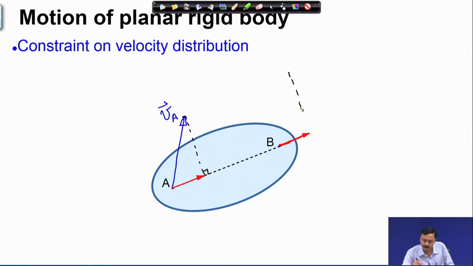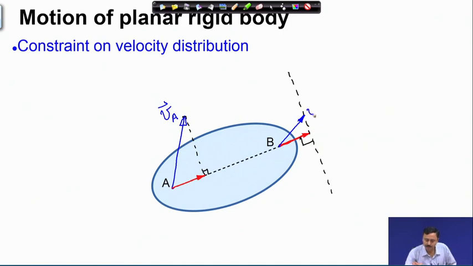If I take a direction perpendicular to the direction AB on the tip of this red vector, then you can very easily see that velocity of B can be any vector that must end on this dashed line.